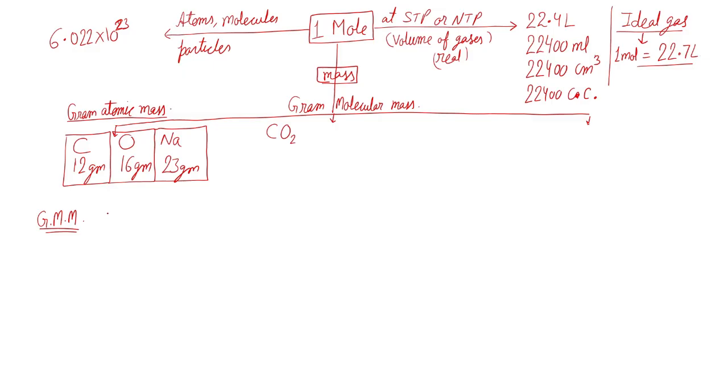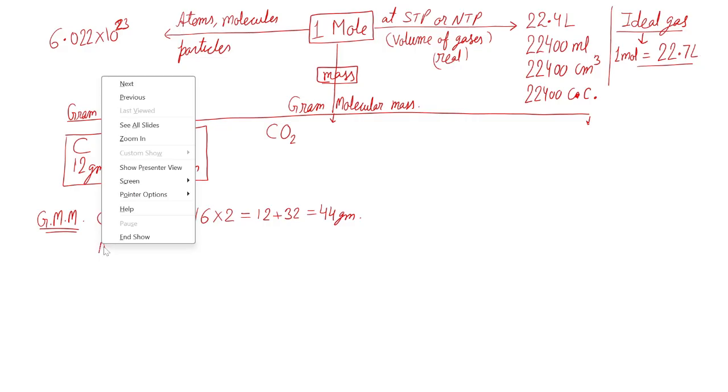Take a look here. CO2: we all know 12 is the atomic mass of carbon plus oxygen 16. And how many atoms of oxygen are in one molecule? It is 2, so this will be multiplied by 2. So it is 12 plus 32, and it will be 44 gram.